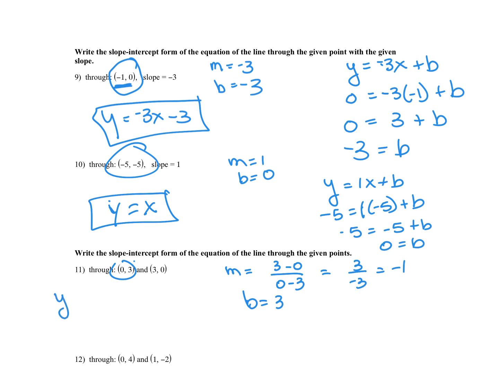We have y equals -1x plus b, and y is 3 equals -1 times 0 plus b, so b equals 3, because this one turns into a 0. So if b is 3 and the m is -1, it's y equals -x plus 3.